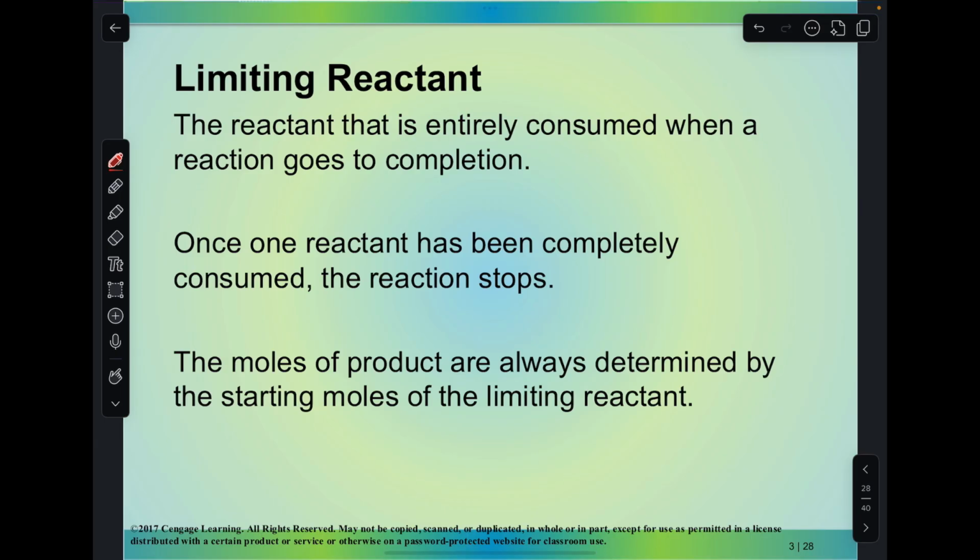And so this is where we can start to introduce the limiting reactant. So the limiting reactant is going to be a reactant that is completely consumed when a reaction goes to completion. And so if you think about it, we have 6.022 times 10 to the 23rd. And let's talk about just hydrogen.